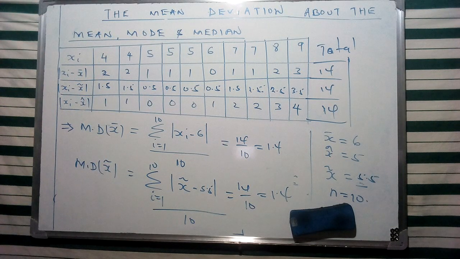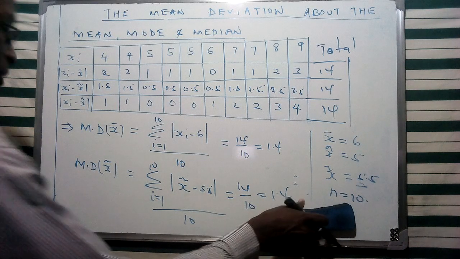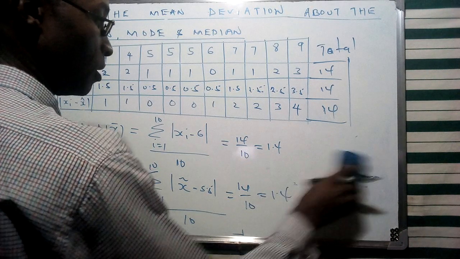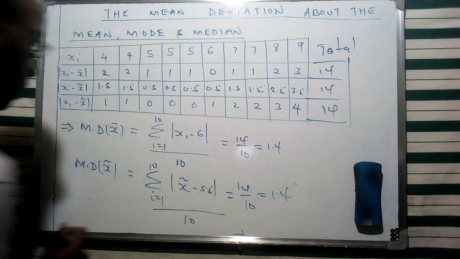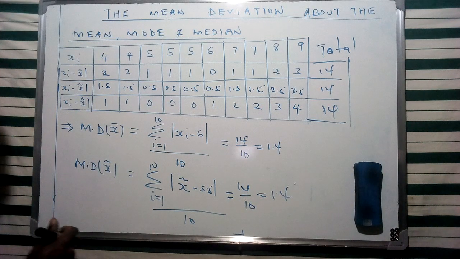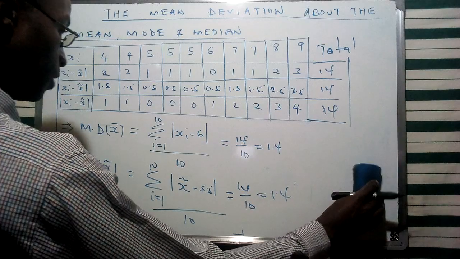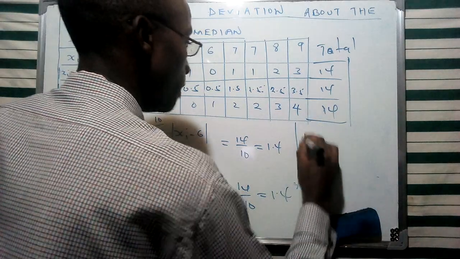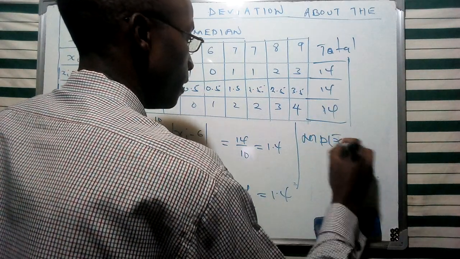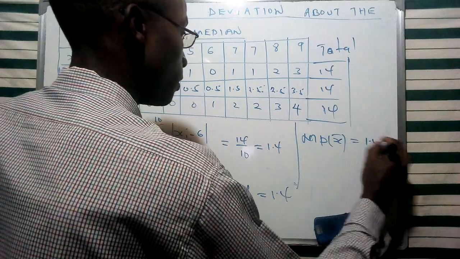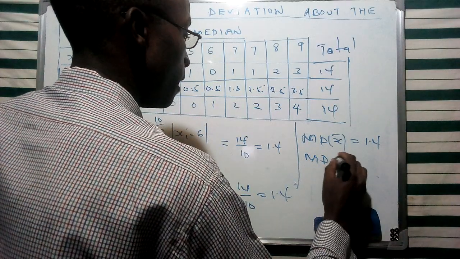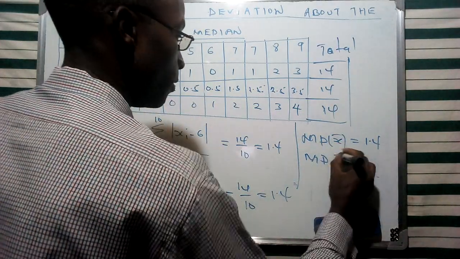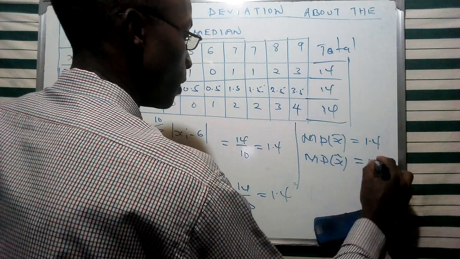So we have found the mean deviation about the mean given as 1.4, and the mean deviation about the median given as 1.4.